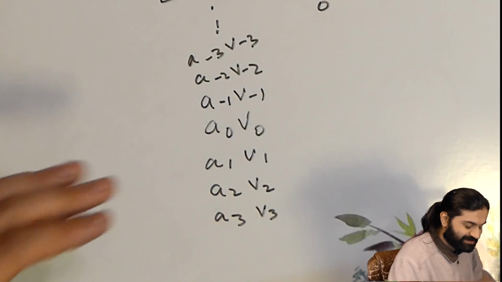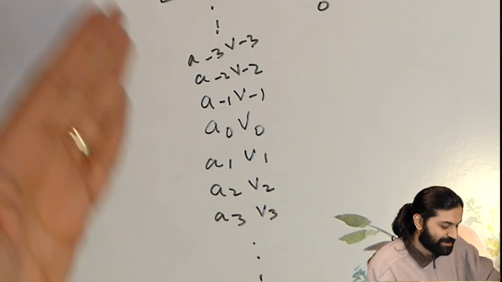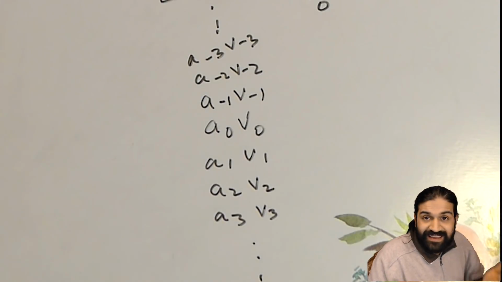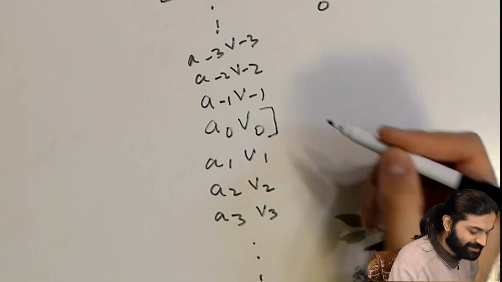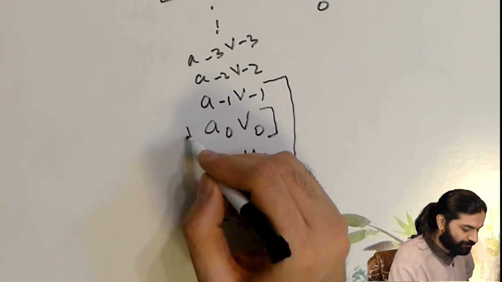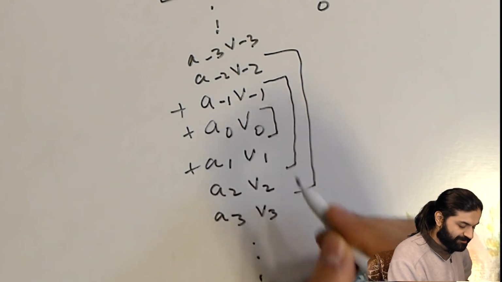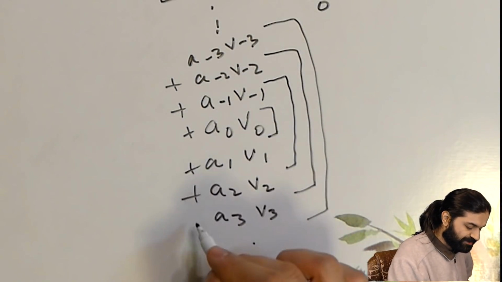And of course, it starts at negative infinity and goes all the way to infinity. So there are infinitely many circular paths here. And the big, amazing fact is, let's say you start with this one, just a0, v0, nothing much happening. And then let's say you add 3 of them, so these 3. And then you add 5 of them, so these 5. And then you add 7 of them, so these 7.